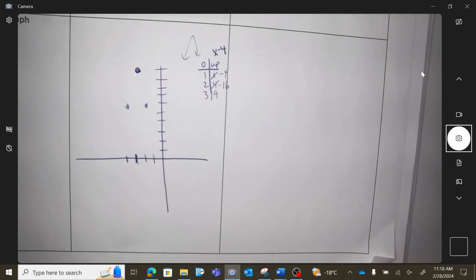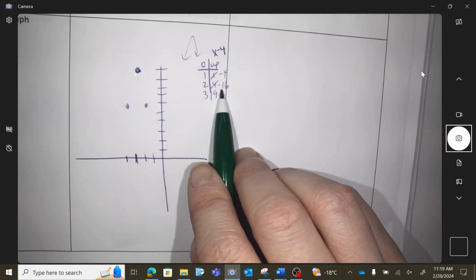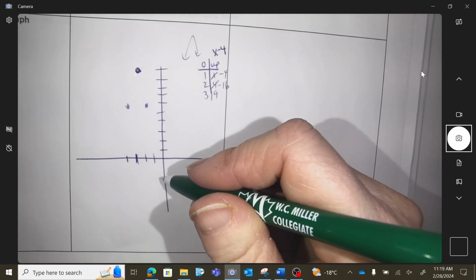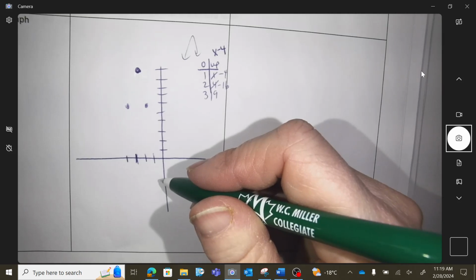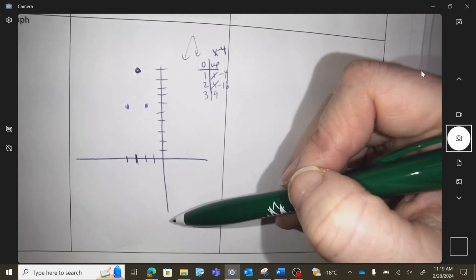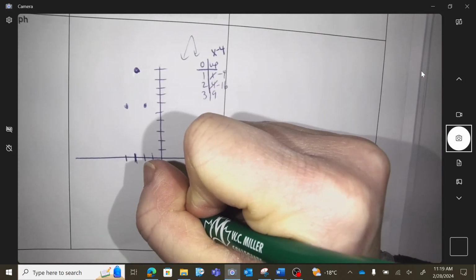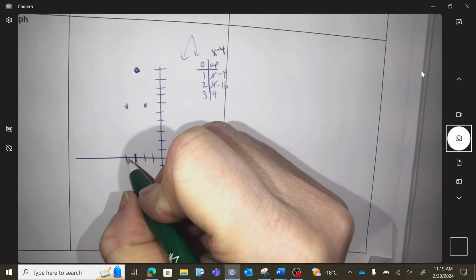If I had 2 over, I'm going to go 16 down. What would be the final height of that point if you went from 10 and then you went down 16? -6?